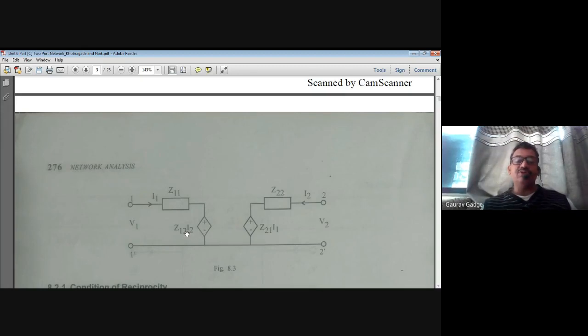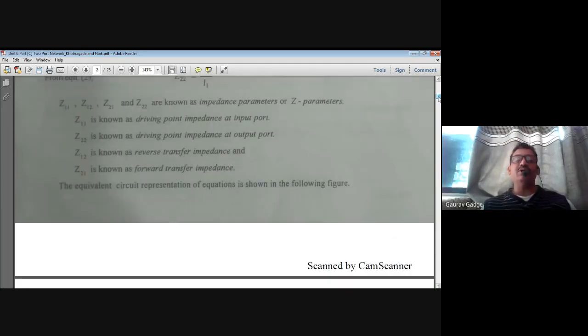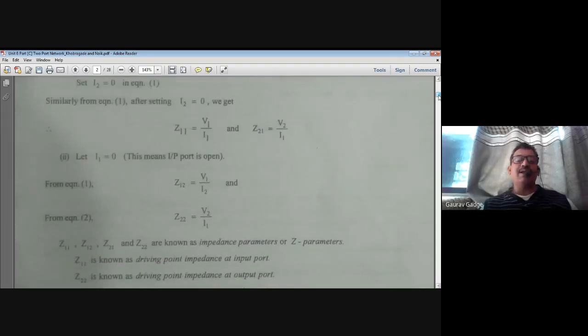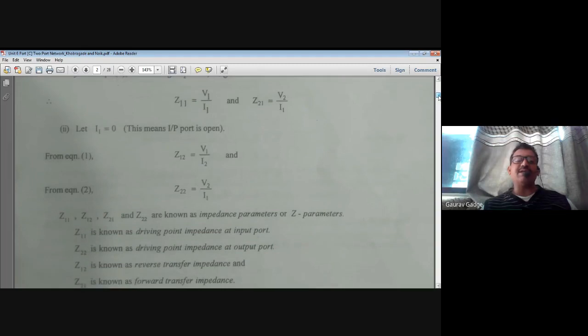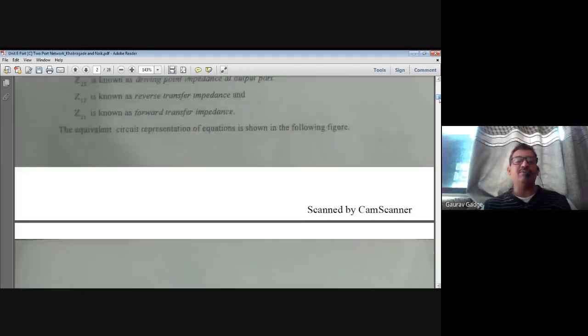This dependent voltage source has a value of Z12 I2. Similarly, on this side, Z21 I1 is the dependent voltage source of the secondary side. And Z11, Z22 are the driving point impedances of input and output port. Okay. So this is a simple introduction to the equation formations, when the input and output ports are open circuited, which makes I1 and I2 0 respectively.